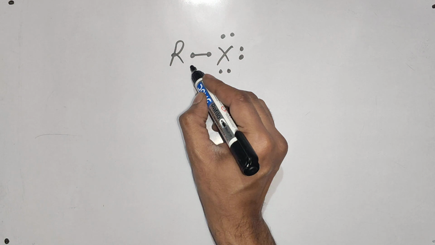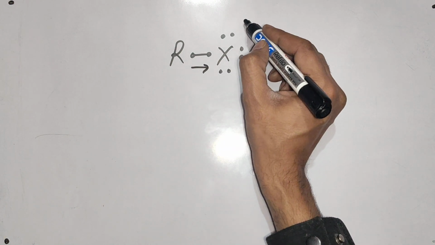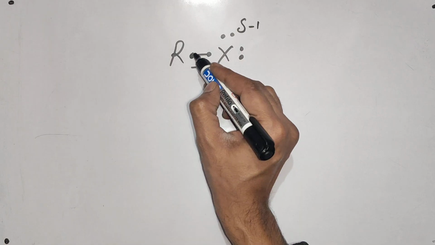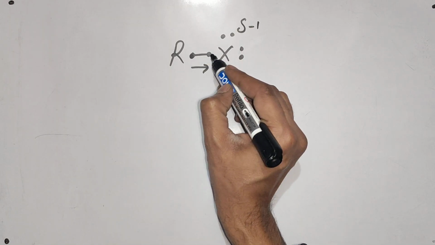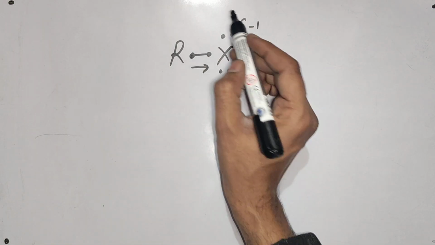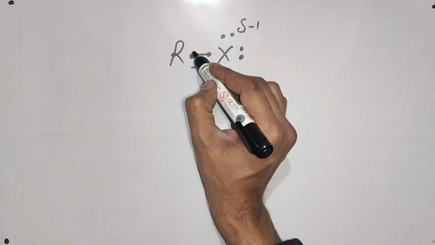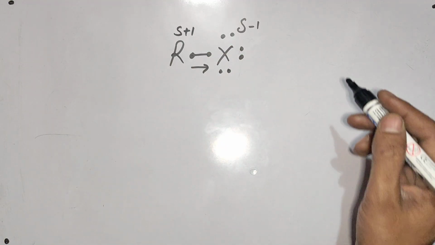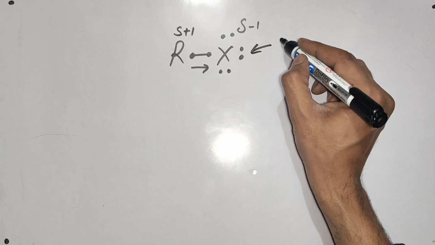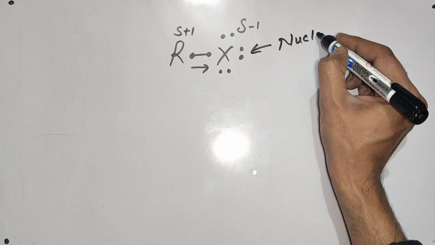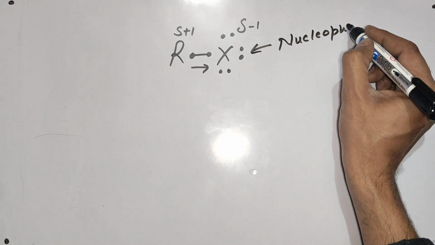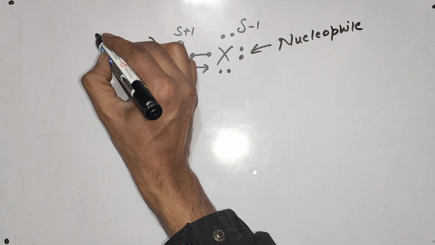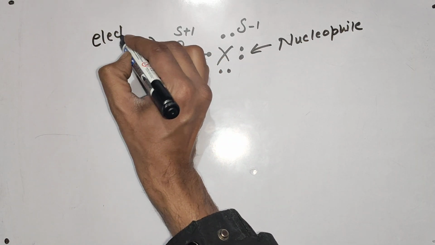So these electrons are shifted a little toward X. That's why X carries a partial negative charge, because it is pulling the electrons of carbon toward itself. Because carbon is losing electrons, here we will have a positive charge. So in RX, X is working as a nucleophile and R is working as an electrophile.